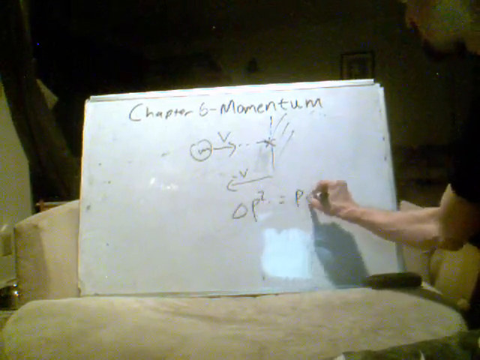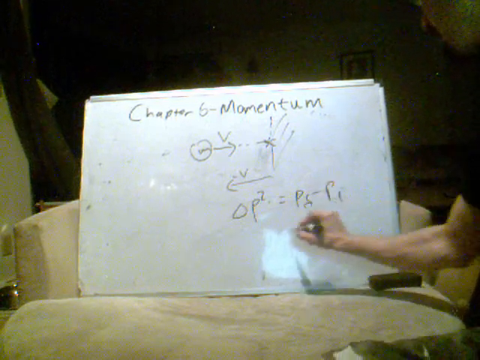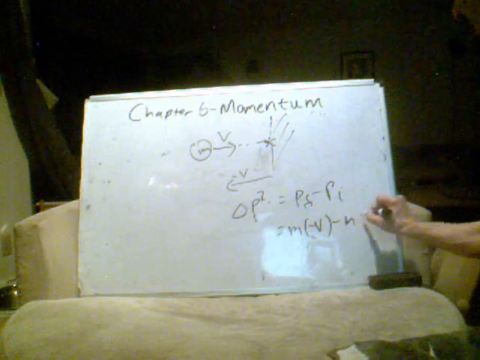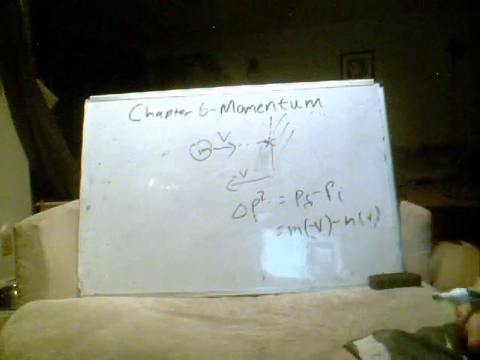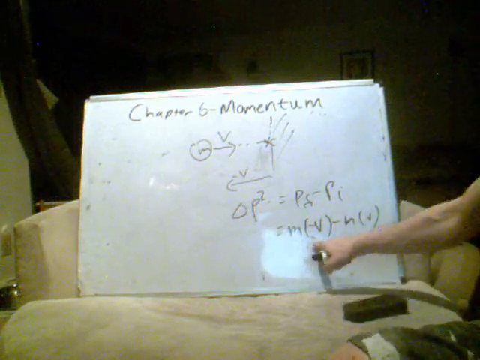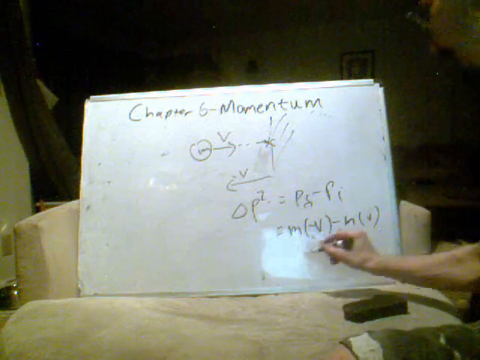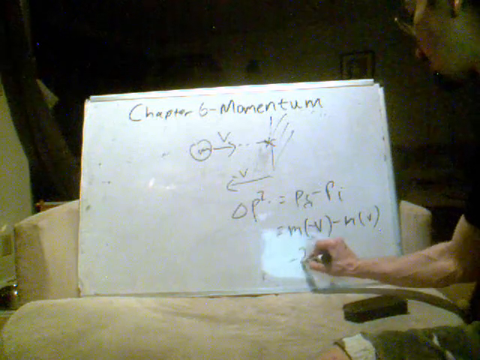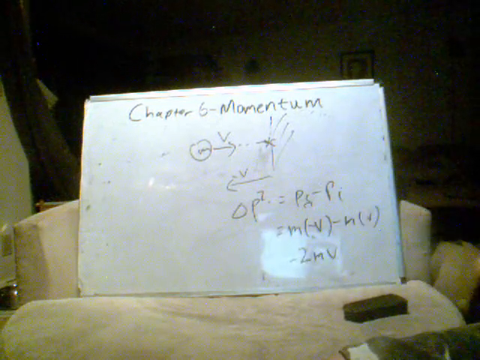Well, that'll be its final momentum minus its initial momentum, right? We've got m times minus v minus m times v. So, minus minus, we've got minus 2mv, right?